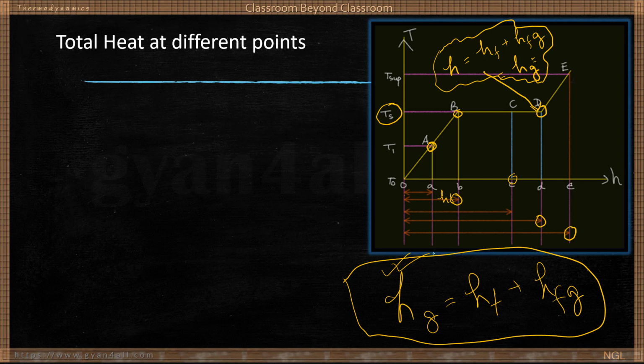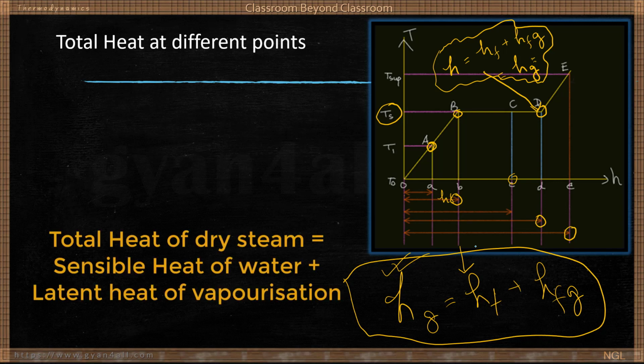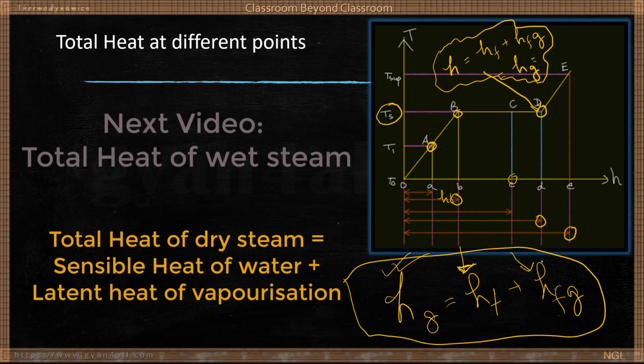Total heat of dry steam. What is HF? Total heat of saturated water, or simply we can say sensible heat. And what is HFG? Latent heat of vaporization. Yes, good.